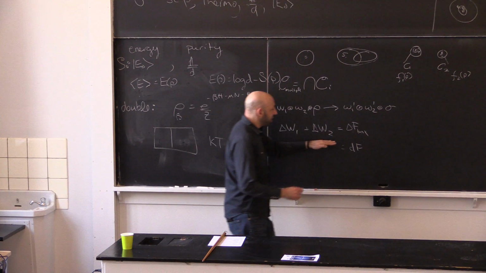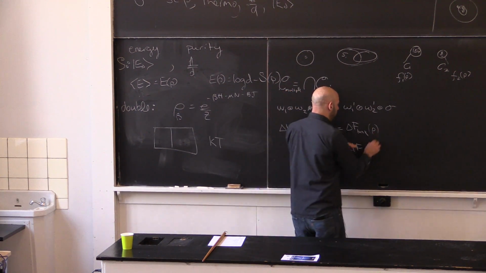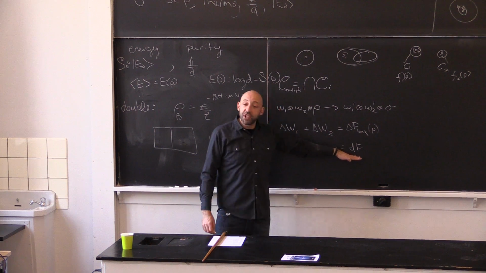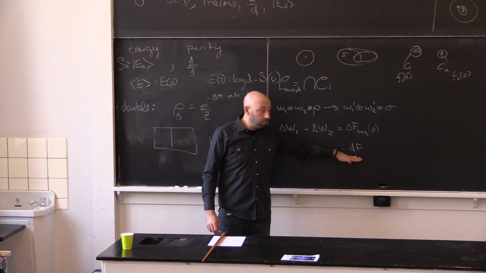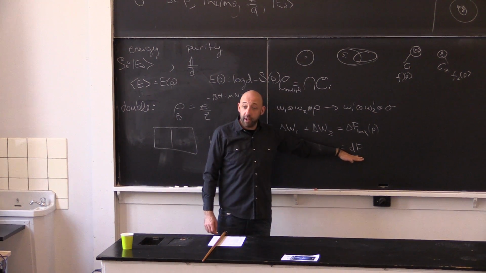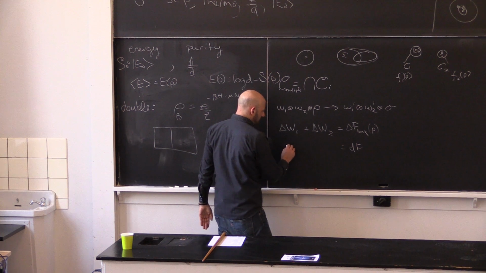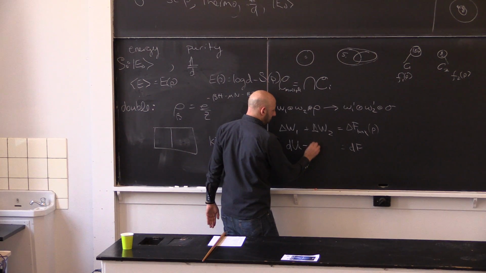So this is the bank monotone of rho. You're changing the free energy of the state, and this is dU minus dQ.